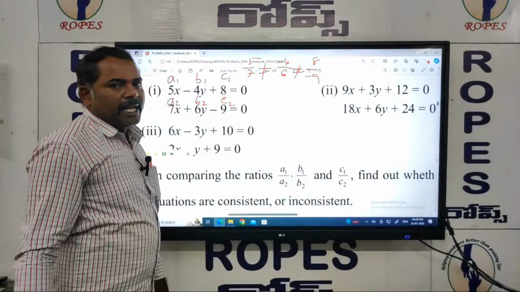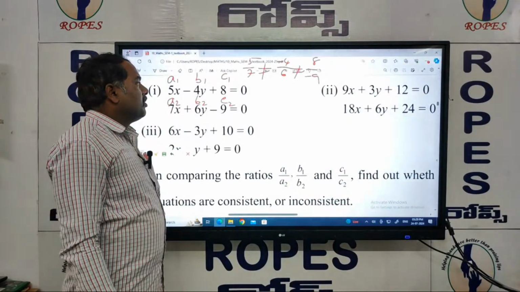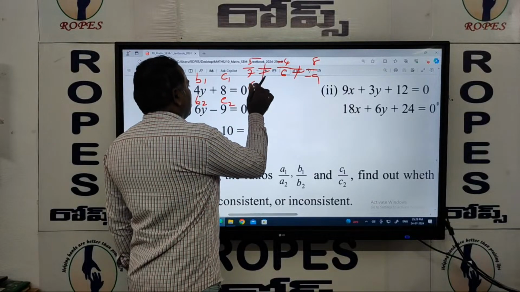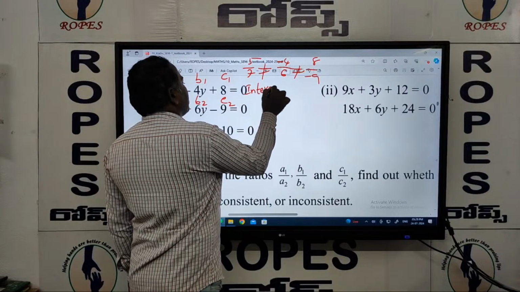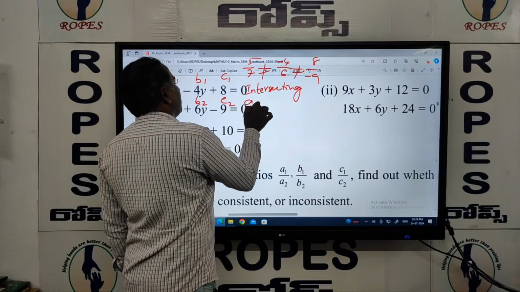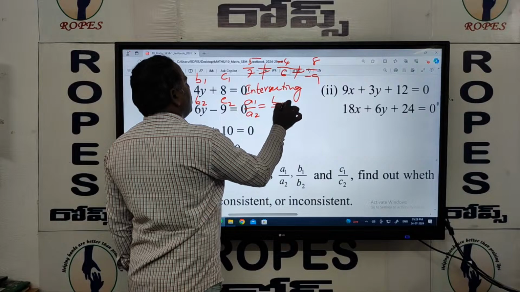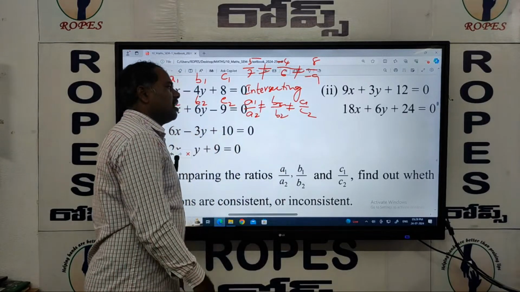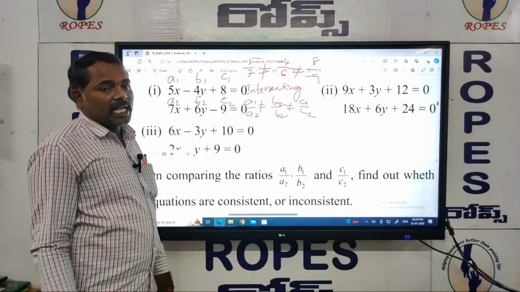If A1 by A2 is not equal to B1 by B2 is not equal to C1 by C2, then they are intersecting lines. So when all are not equal, the lines are intersecting lines.